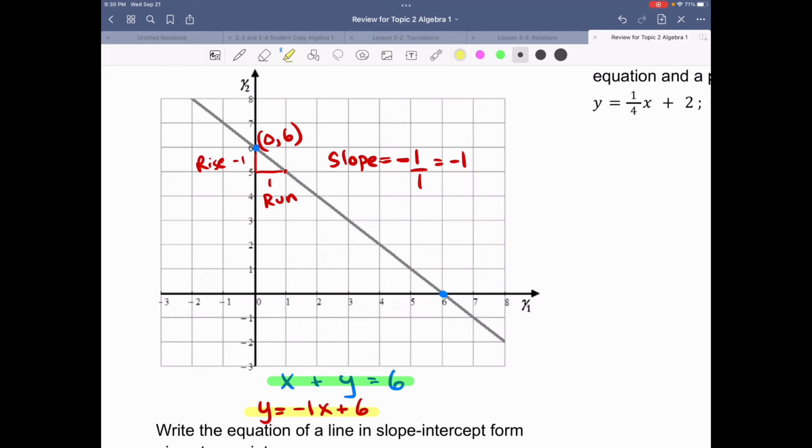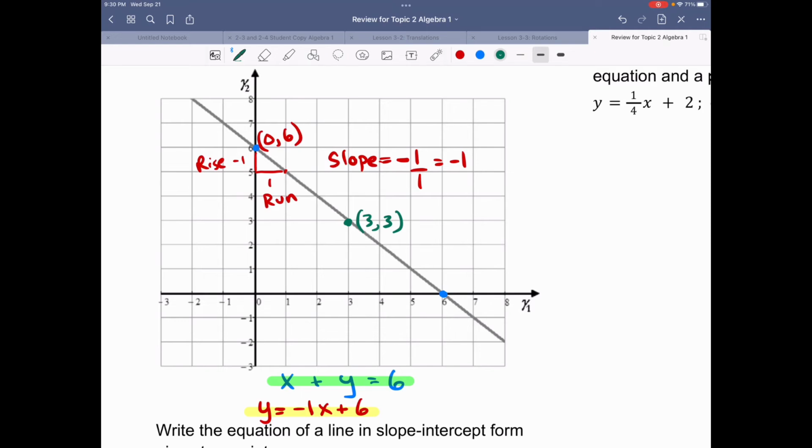And you could do it a third way, just for fun. You could have point-slope form. So we already know the slope is negative 1, then we just need a point. So I'll choose this point, 3, 3.